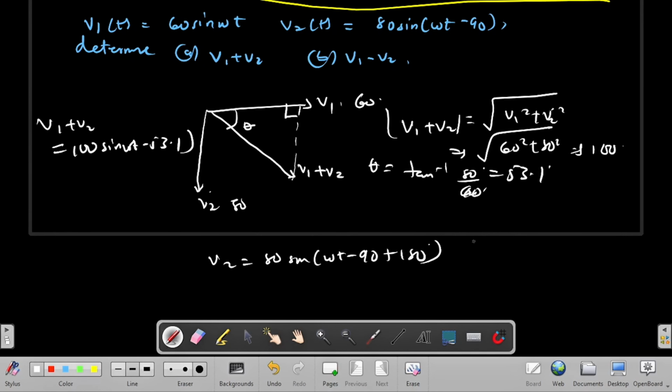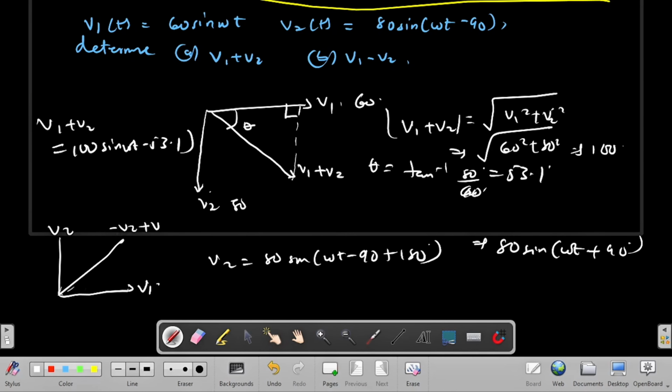Rotate it by 180. This gives 80 sine omega t plus 90 degrees. So this changes the orientation so that V2 now points up, with V1 still in the horizontal direction. Then we have the negative V2 plus V1 here, with the angle theta as the phase difference.